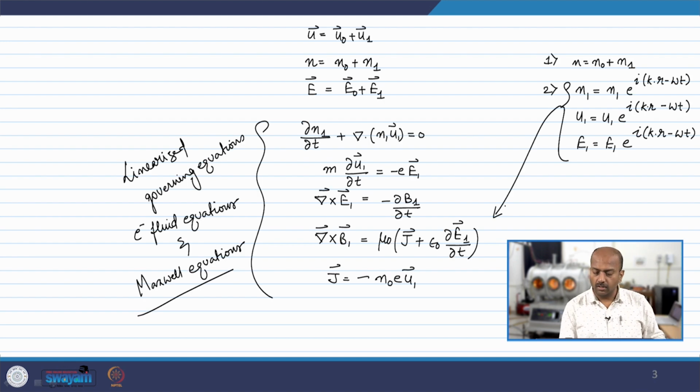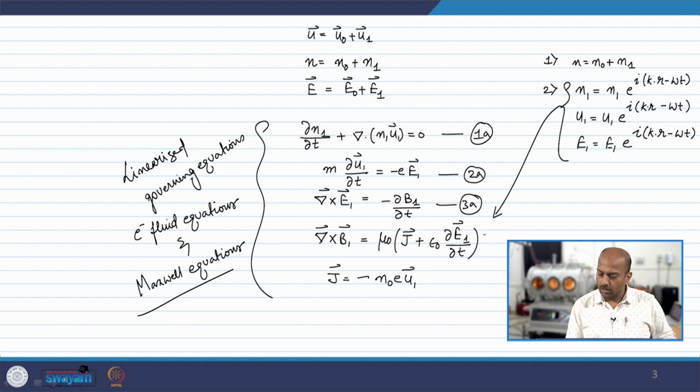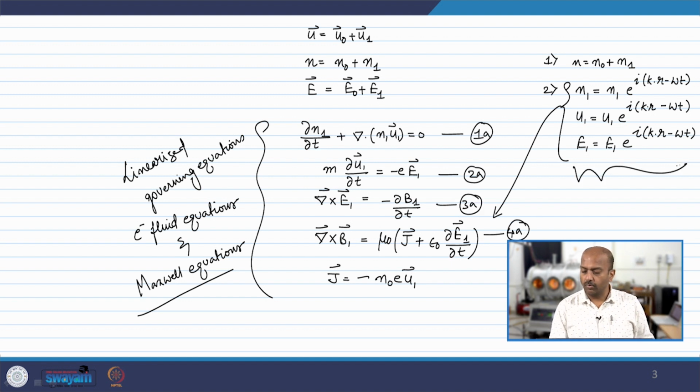They will look like, so let us say we maintain correspondence, this is 1, 2, 1a, 2a, 3a and 4a. And we will assume this set of equations as equation number 5.